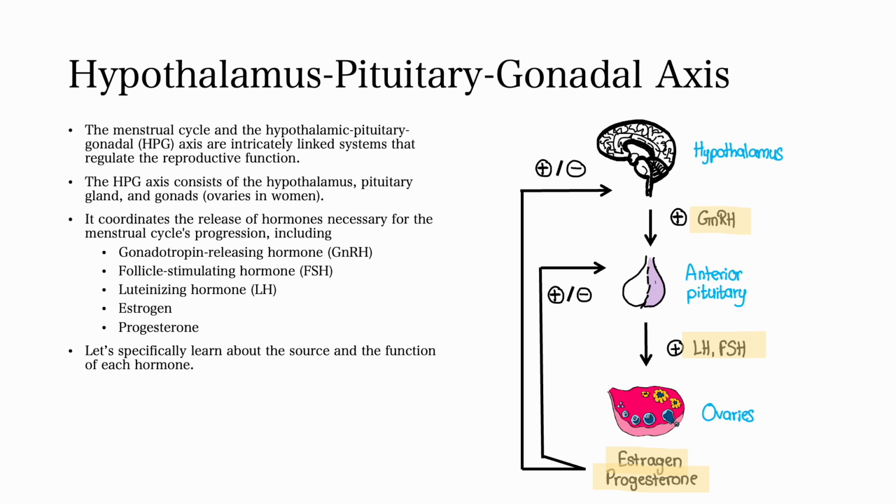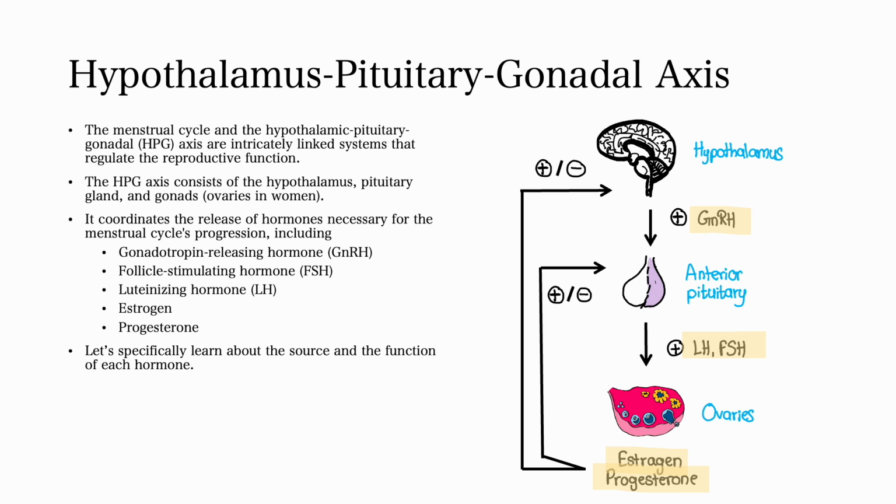Hypothalamus, pituitary, and gonadal axis. The menstrual cycle and the HPG axis are intricately linked systems that regulate the reproductive function. The HPG axis consists of the hypothalamus, pituitary gland, and the gonads. In women, the gonads are ovaries. It coordinates the release of hormones necessary for the menstrual cycle's progression.